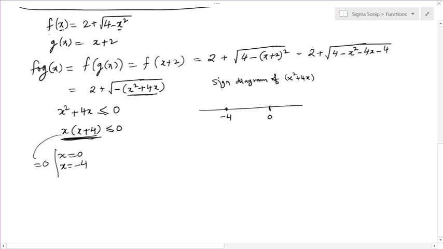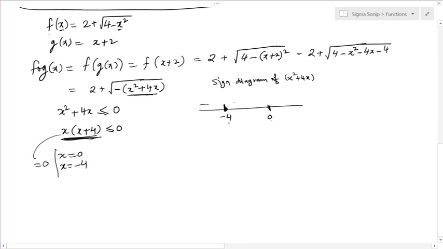Why do we use these values as the boundary points to divide the real line? Because this function becomes 0 at these values, so it means that this function would most probably change its sign at these values. So these two values, minus 4 and 0, divide our whole real line into 3 regions.